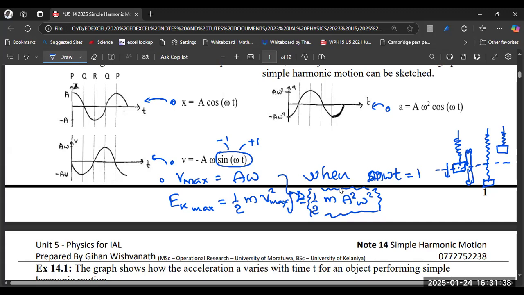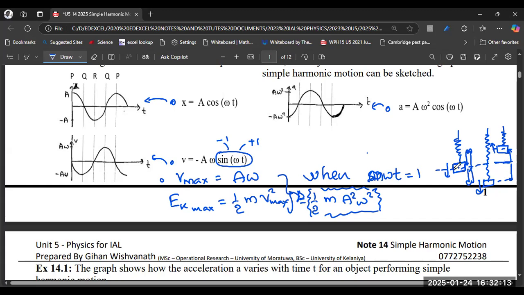And then the next thing is, if this is the maximum kinetic energy, now at the maximum displacements over here and here, the object comes to a momentary stop.